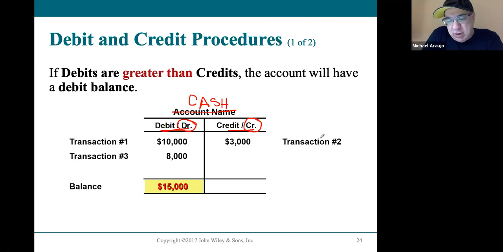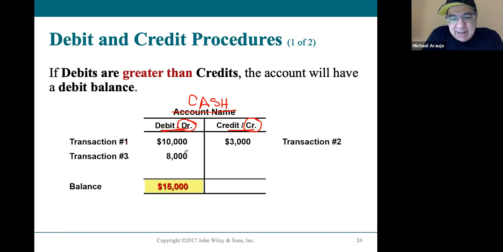Transaction 2 was a $3,000 credit. Well, the credit side of cash means less cash. If you had $10,000 of cash to begin with, and you took away $3,000, you have $7,000 left. Transaction number 3 is you put $8,000 back in.